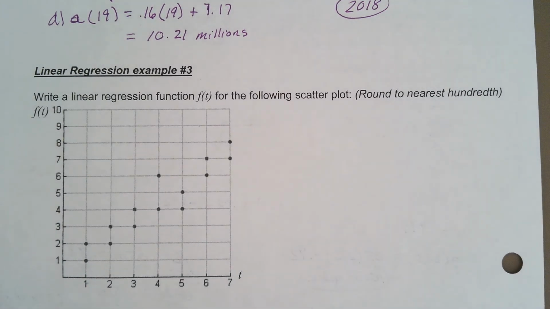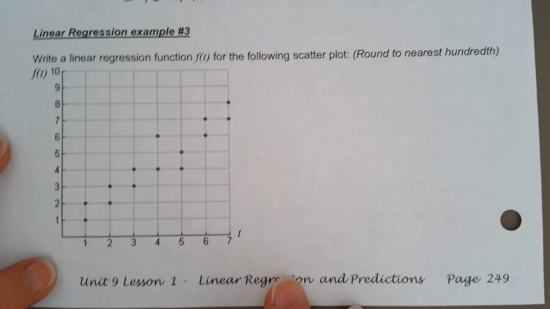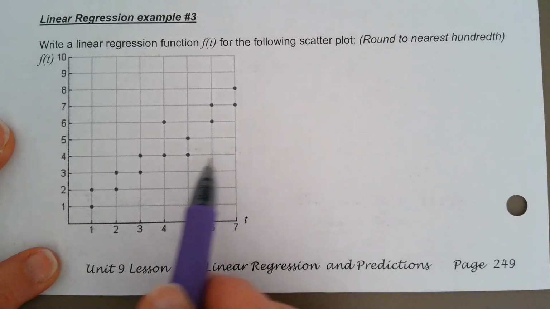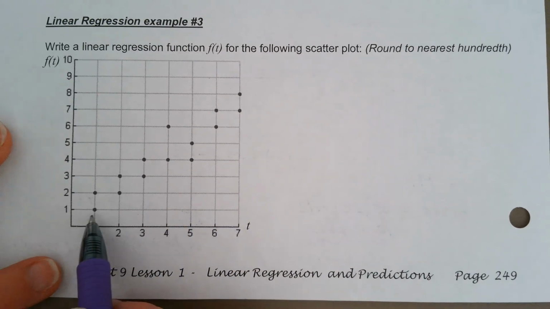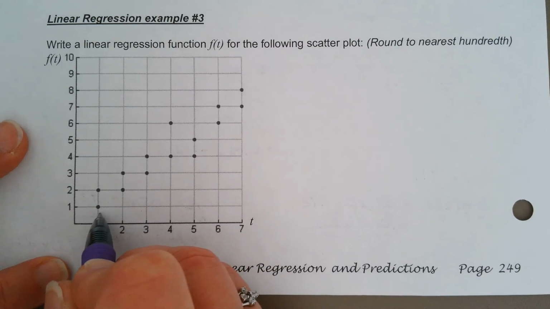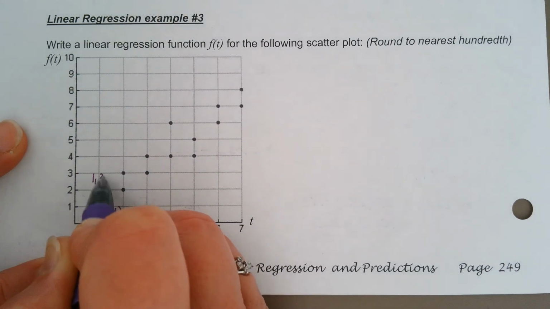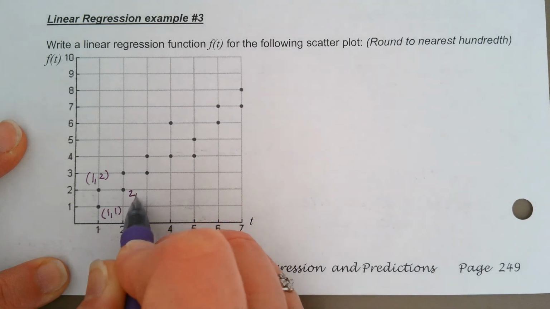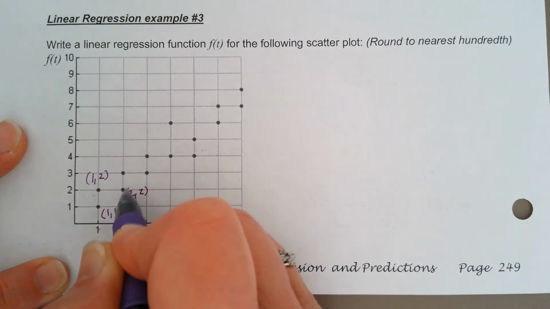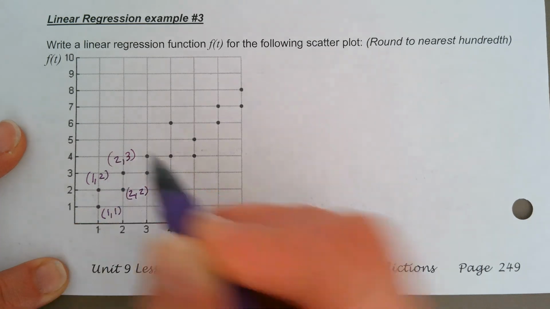In our last example, write a linear regression function f of t for the following scatter plot, rounding to the nearest hundredth. All right, so we have this data here in the scatter plot, and this is the 11, 12, 22, 23, and so on.